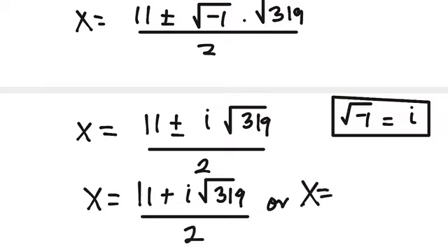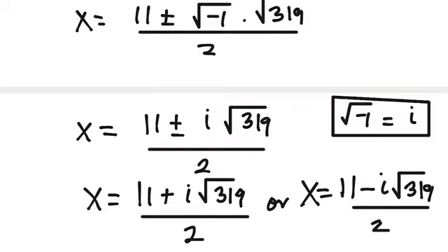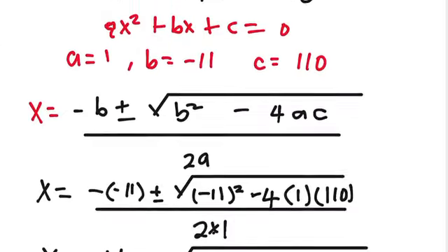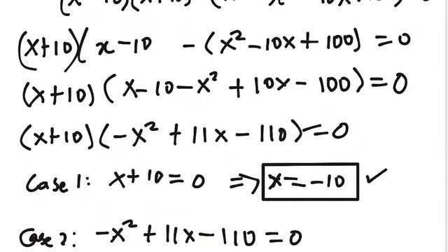We have x equals 11 minus i root 319 divided by 2. So these are x2 here and x3 here. And now we've already gotten x1 up here, which is minus 10. Are you getting it?